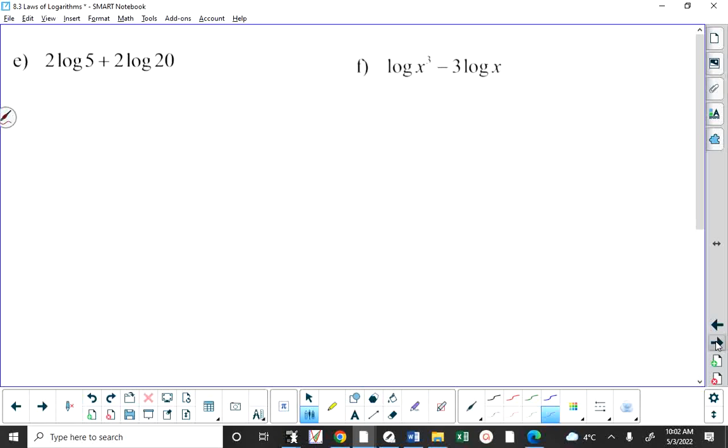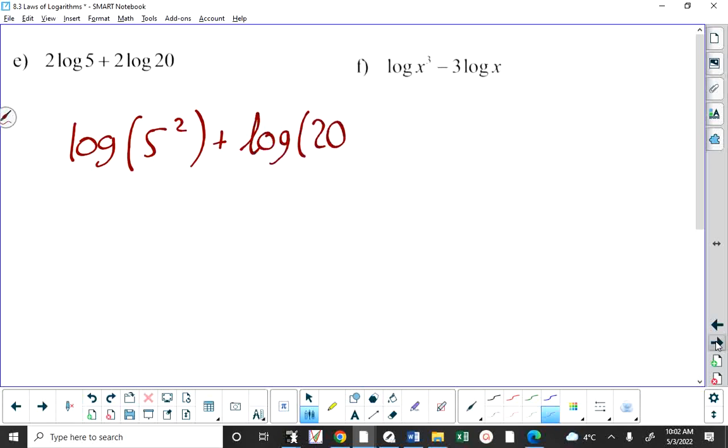5 log base 10, these are base 10 logarithms, because it doesn't say. 2 log 5 plus 2 log 20, this is log of 5 squared plus log of 20 squared. So before I can pack the separate logarithms into a single logarithm, I need to get rid of coefficients.